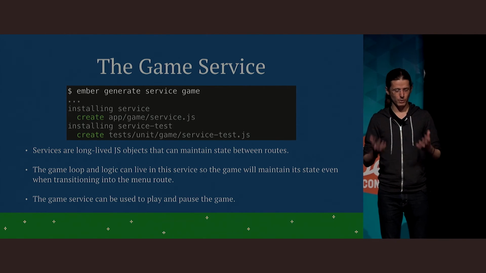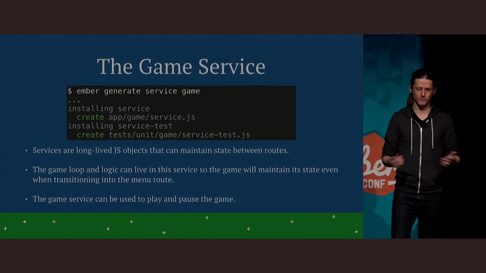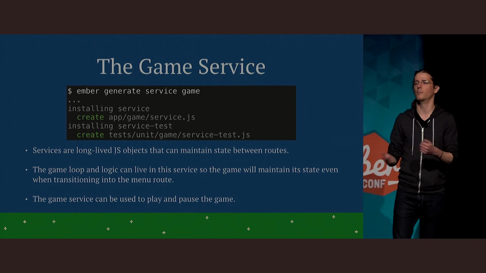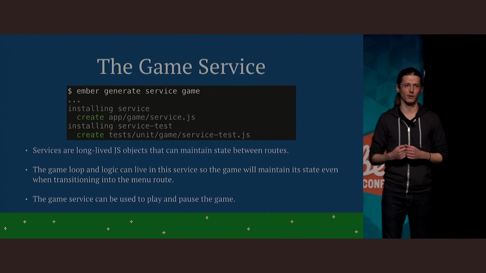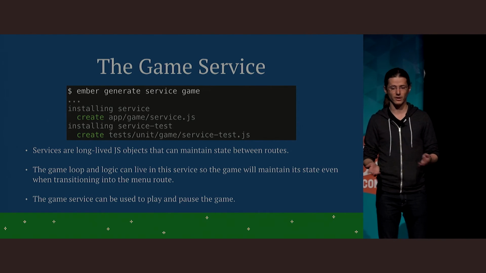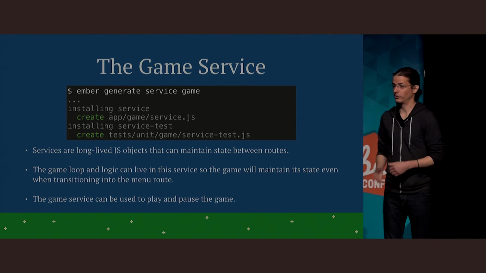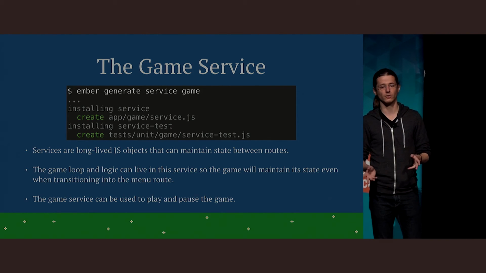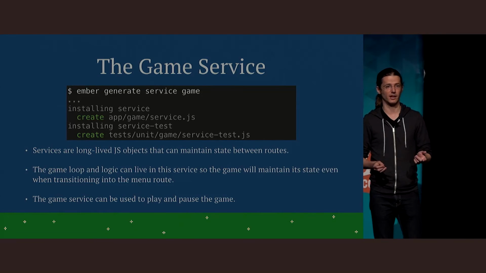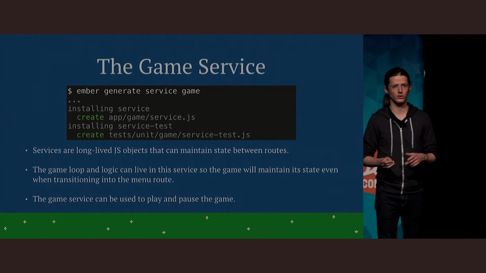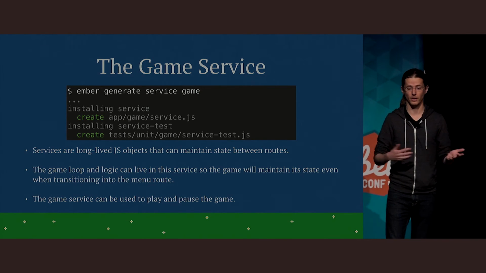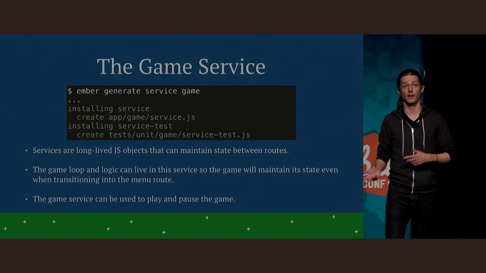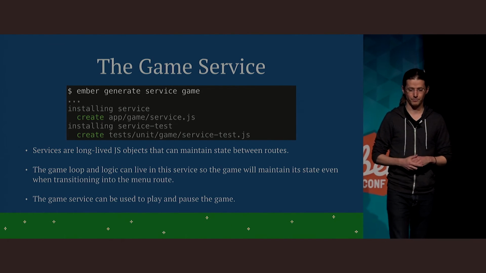So where should this code live? Fortunately, Ember has a type of object that really suits our needs, and it's a service. If you haven't used services in Ember before, they are long-lived JavaScript objects that can maintain state between routes. So this is a good spot to put our game logic, so its state will survive as we go between routes.